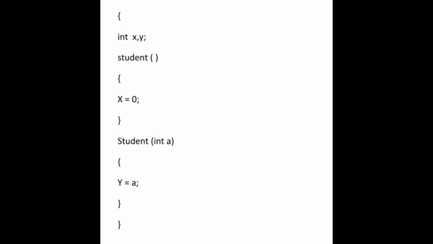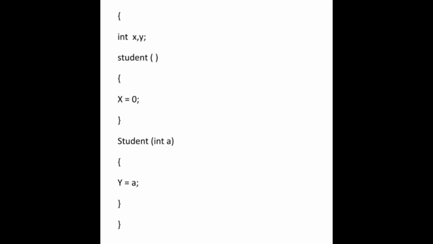So int a, and now y equals a, that means y is assigned a in this second portion of the program. Now how many constructors have been written inside this single class? Two constructors: one is a default constructor, another is a parameterized constructor.